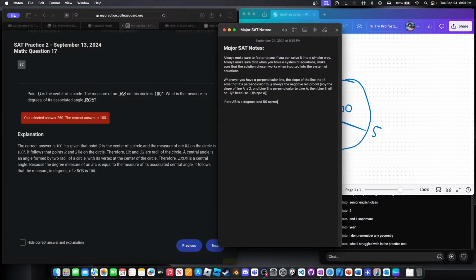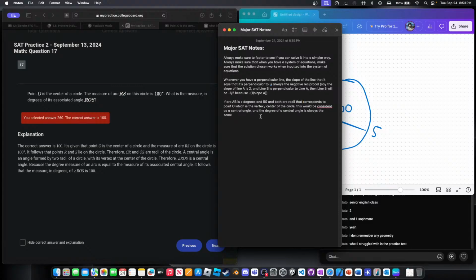RS corresponds to point O, which is the vertex or center of the circle, this would be considered a central angle. And the degree of a central angle is always the same, and both are radii.